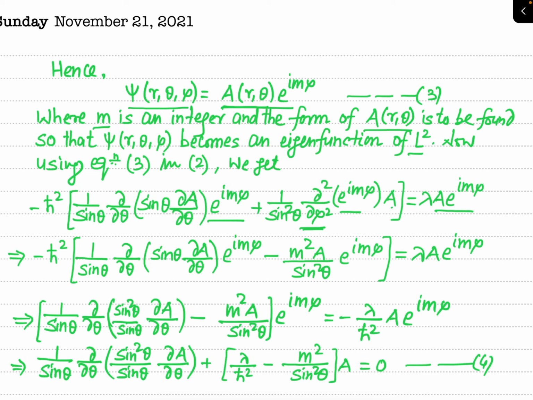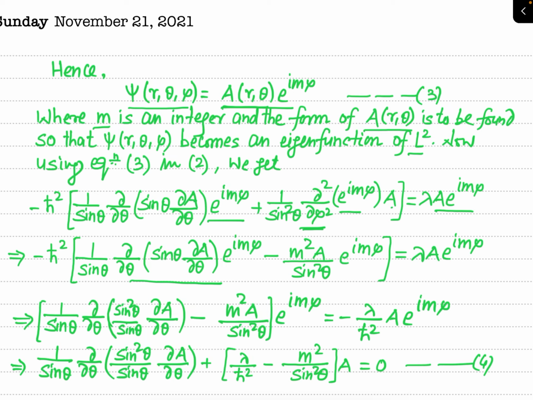Now let us see. The first term is as you can see here, and in the second term we will simply differentiate 2 times the function e raised to the power i m phi with respect to phi, because there is a second order partial derivative here.